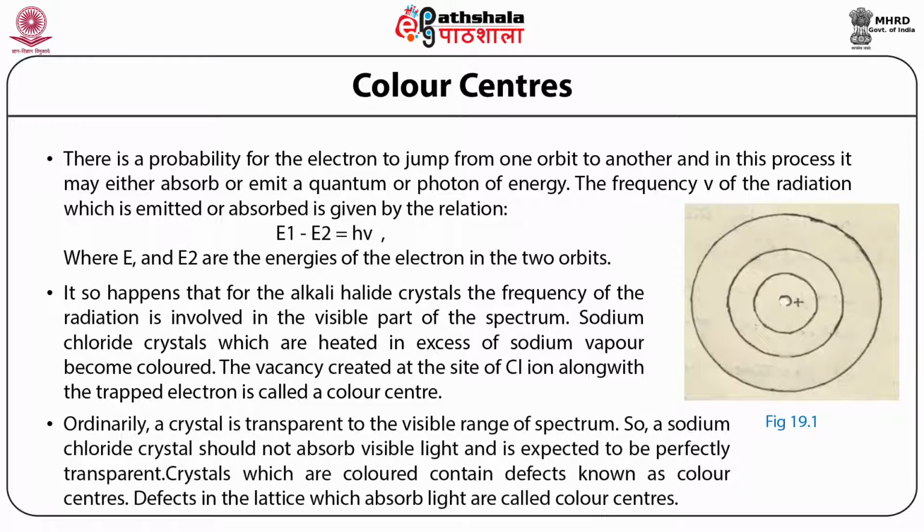Ordinarily, a crystal is transparent to the visible range of the spectrum. So a sodium chloride crystal should not absorb visible light and is expected to be perfectly transparent. Crystals which are colored contain defects known as color centers. Defects in the lattice which absorb light are called color centers.